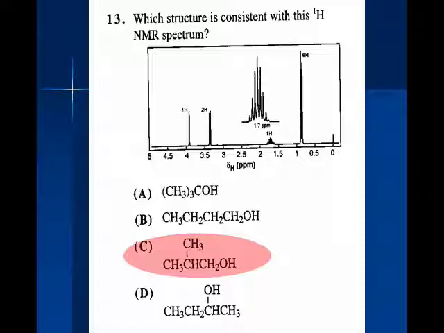What did y'all learn? What you should have learned is that hydrogen atoms on things like oxygen and nitrogen frequently do not split their neighbors. And it has to do with the fact that they can hydrogen bond, and hydrogen bonding leads to exchange.